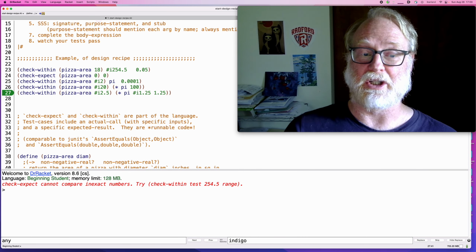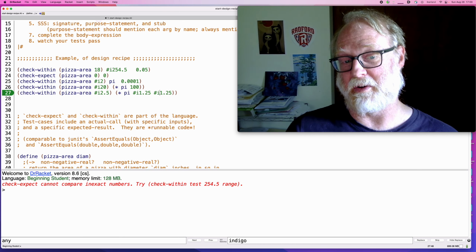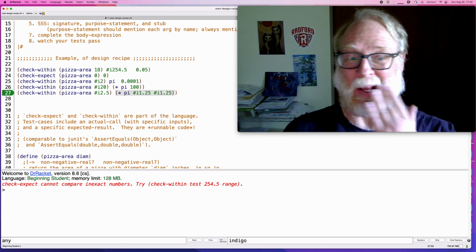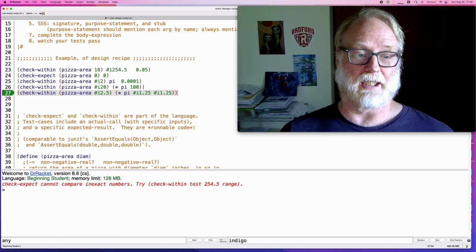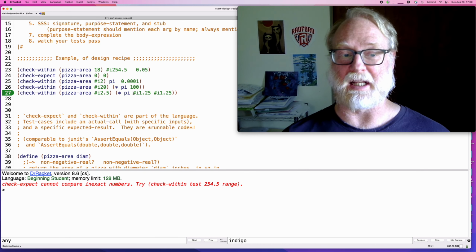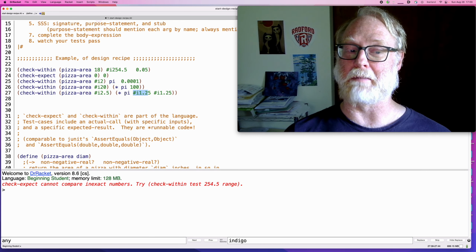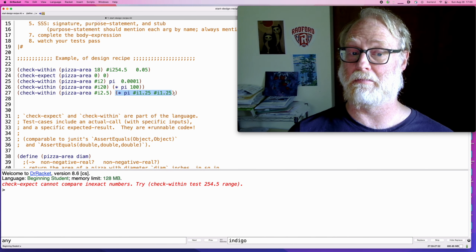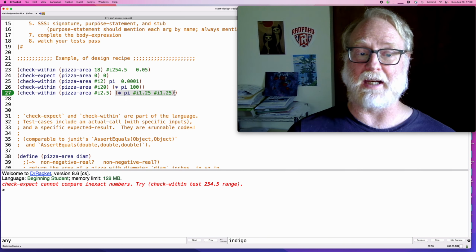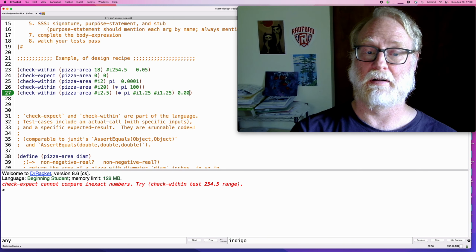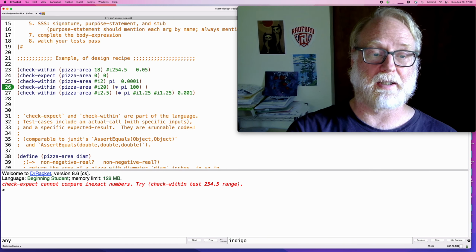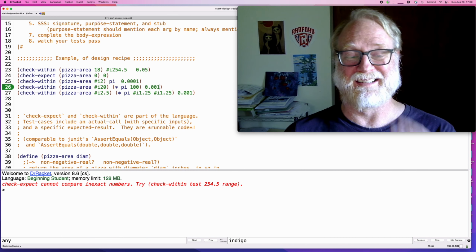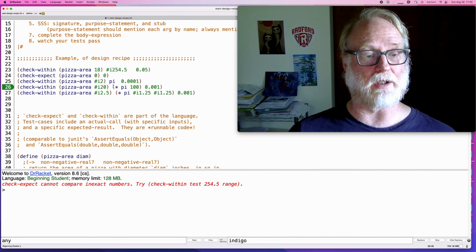And then these are actually going to be inexact as well if you really want to get pedantic about it. But again, I could probably leave those off. The fact that I'm multiplying by an inexact number like pi means this entire result is going to be, by Racket, inexact. And you say how close is good enough.